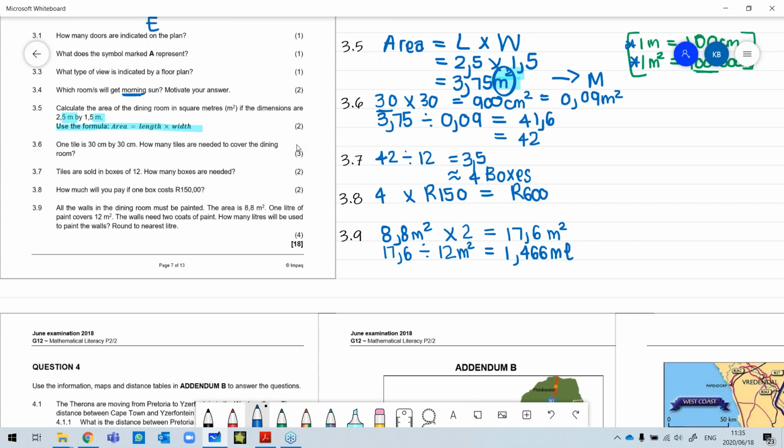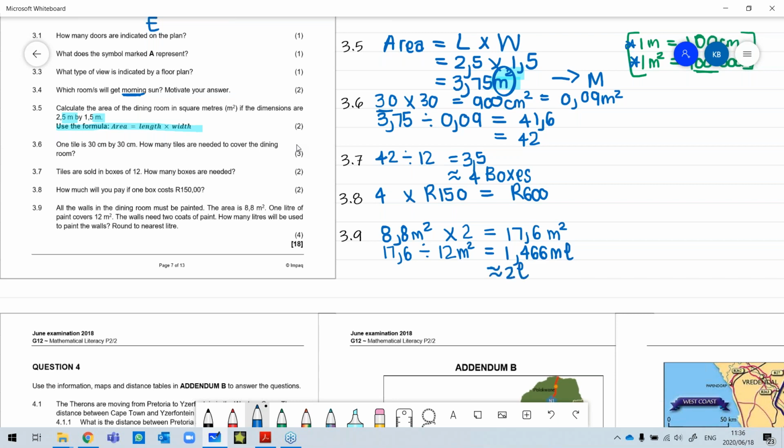Now, exactly the same as with that boxes question, can I go to builders and ask for 0,466 liters? They are going to laugh at you if you do something as silly as that. You can either buy 1 liter or you can buy 2 liters. So in order for the Therons to be able to paint the house, they are going to purchase 2 liters.